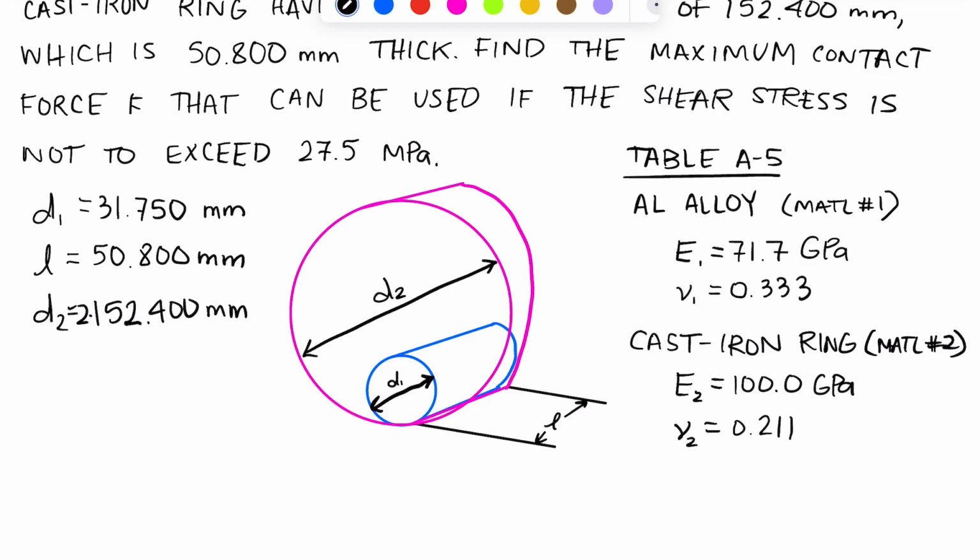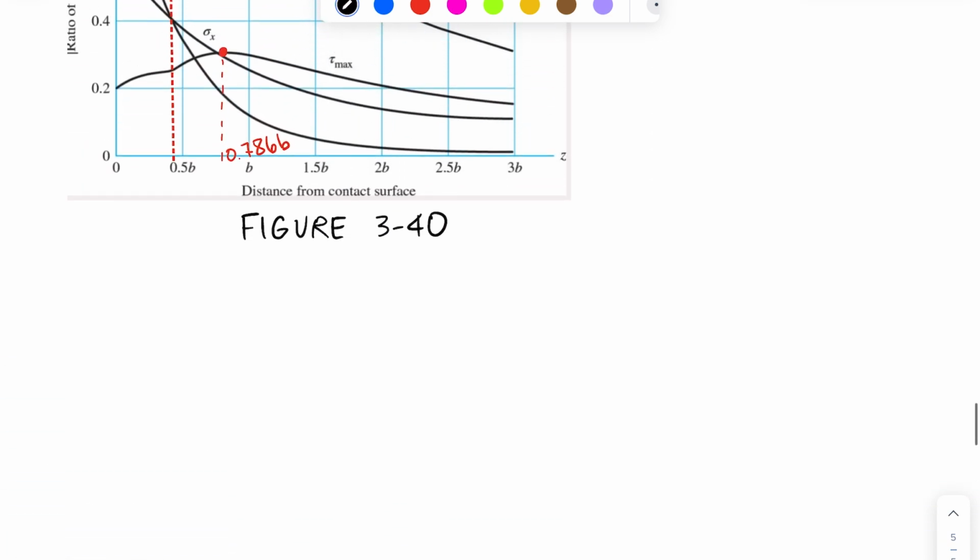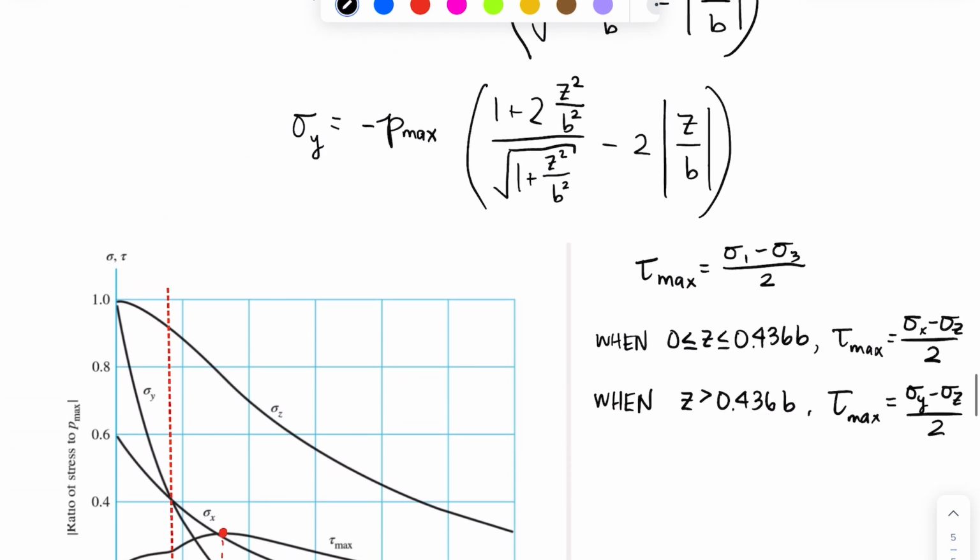Okay, so now that's all of our givens, and the question asks us to find the maximum contact force F that can be used if the shear stress is not to exceed 27.5 megapascals. So we need to find the maximum shear stress. We want to make sure that that value stays below 27.5 megapascals.